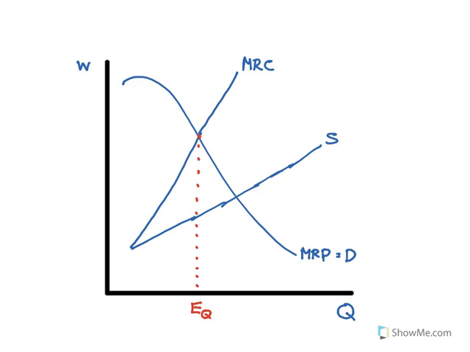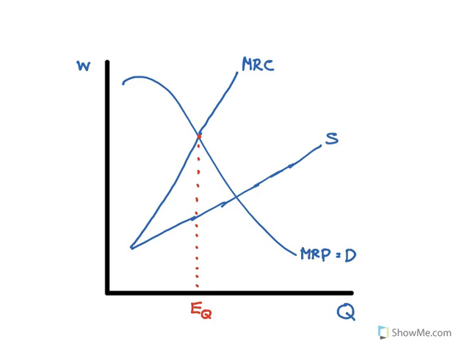Now, in terms of the wage rate, just like with a monopoly, you can't just go straight over. I can't just do this and say, okay, there's the wage rate, we're done. No. The supply curve dictates what the wage rate is going to be because the supply curve represents the workers. The workers are going to tell you what they're willing to accept, and then basically you decide, okay, that's going to be the wage.